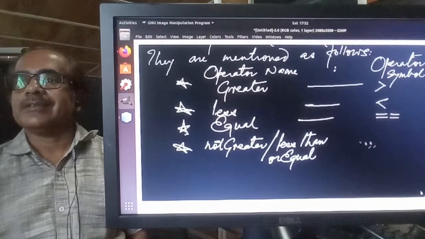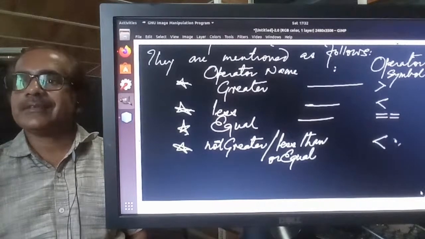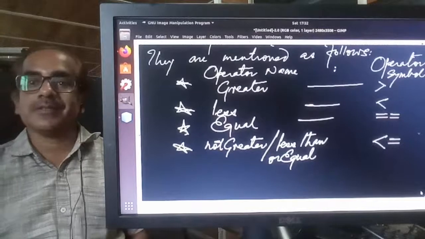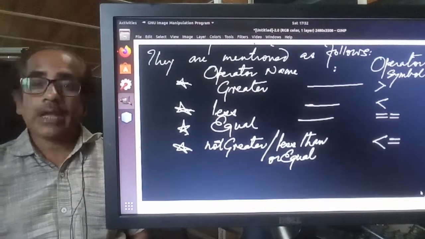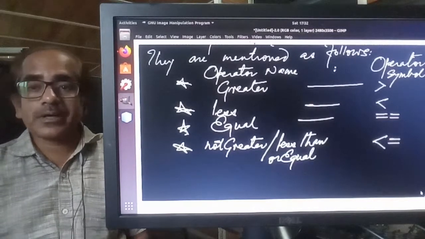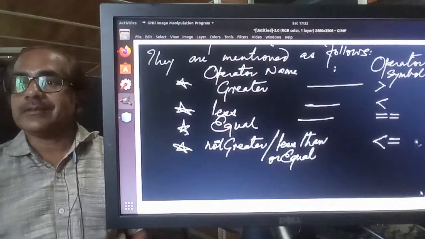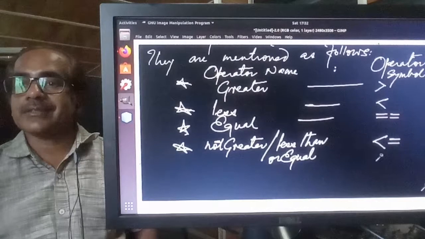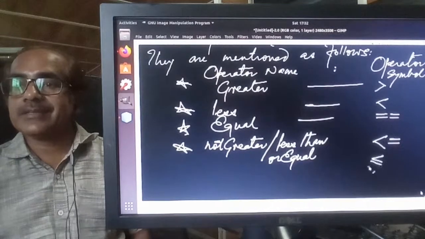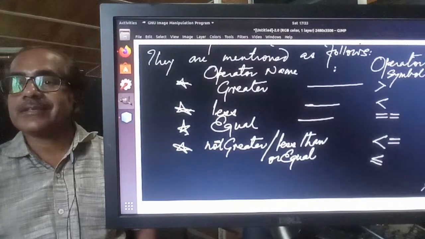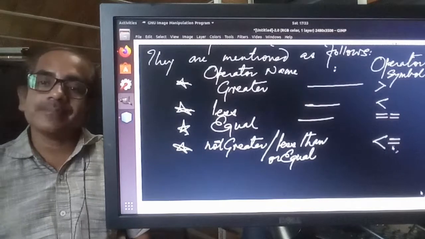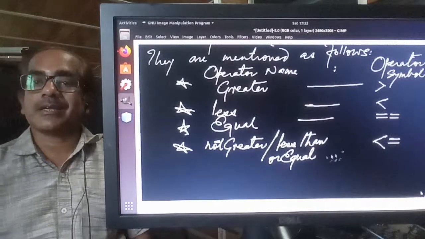So this is less than equal. Both the symbols are given. This is not like mathematics. In mathematics you write in a different way. In mathematics you write like this, but that will not work here. In computers both the symbols are given.